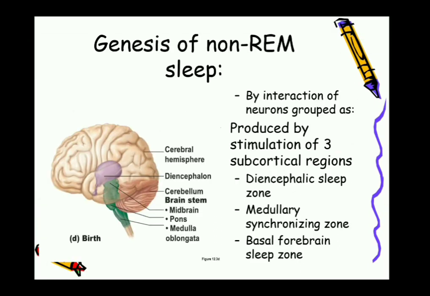Now, genesis of NREM sleep. It is by interaction of neurons grouped as produced by stimulation of 3 subcortical regions. One is the diencephalic sleep zone, second is the medullary synchronizing zone, and third is the basal forebrain sleep zone.